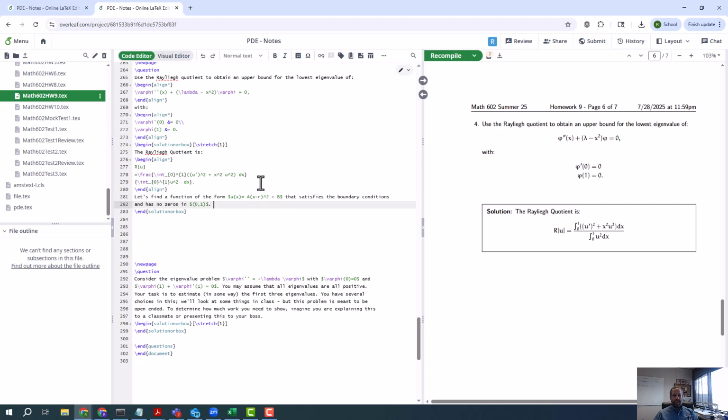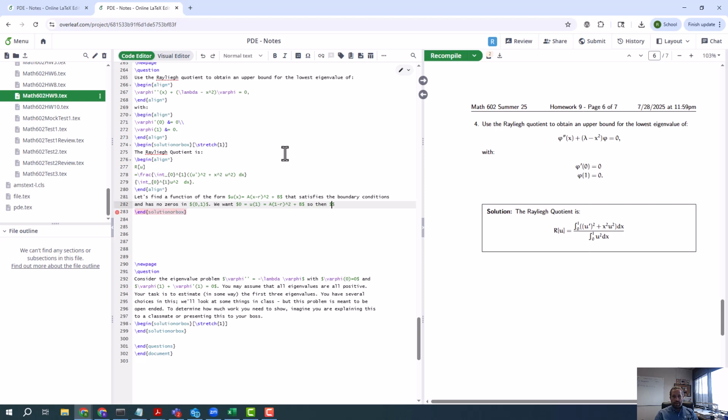Okay, so now we want u of 1 to be equal to 0. We can read out exactly what the constants are here. So we want 0 equals u of 1, which is equal to a times (1 minus r) squared plus b.